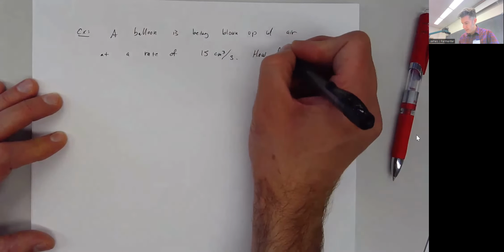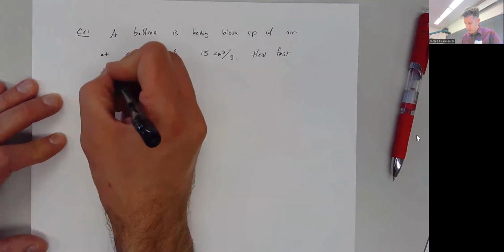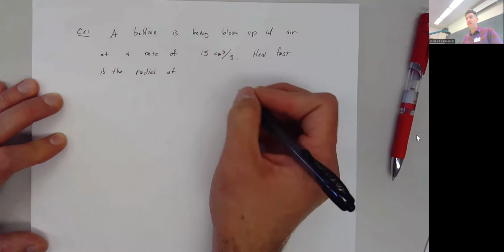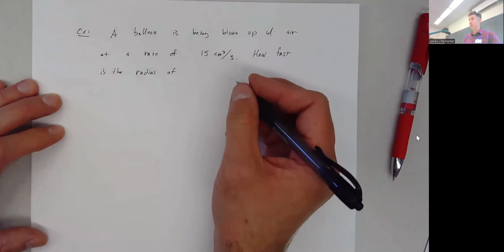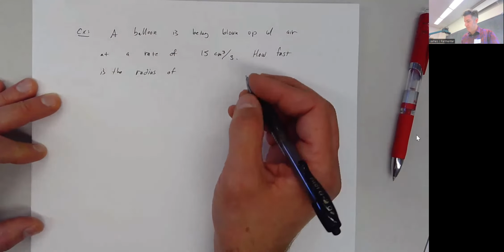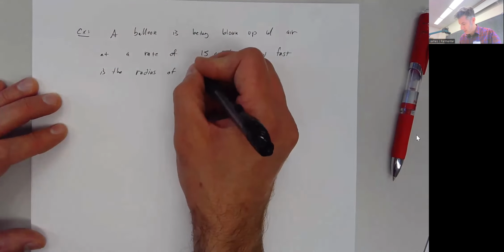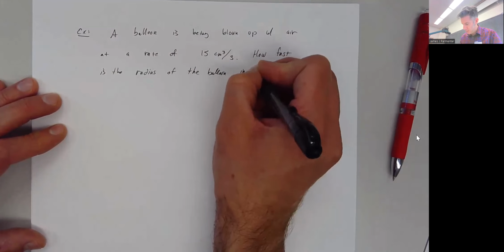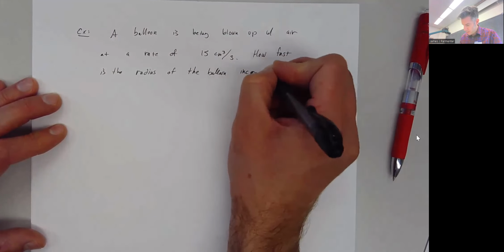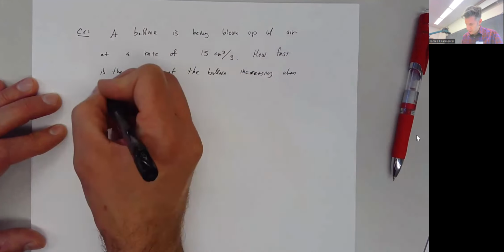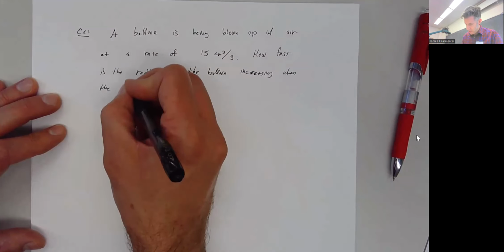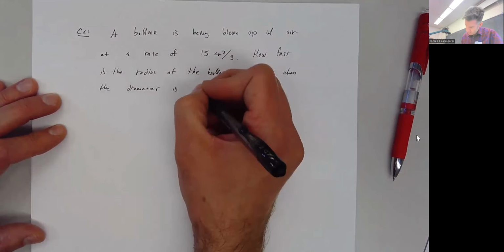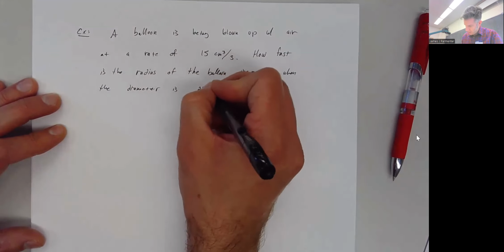How fast is the radius of the spherical balloon, we're going to assume this balloon is a sphere shape, how fast is the radius of the balloon increasing when the diameter is 22 centimeters?